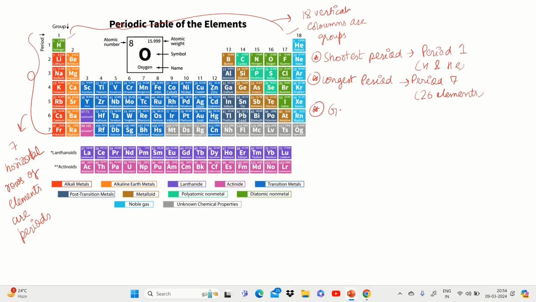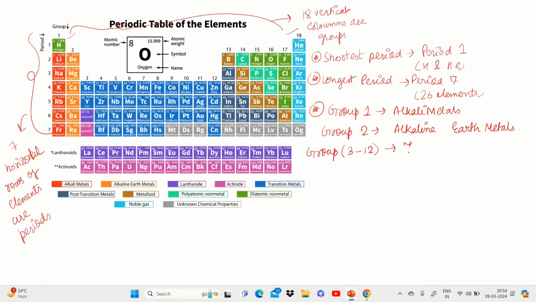Okay, next our group 1, these are known as the alkali metals. So example of alkali metal from group 1. Group 2, these are known as your alkaline earth metals, beryllium, magnesium, so on. Okay, next comes group 3 to 12. These are your transition elements.